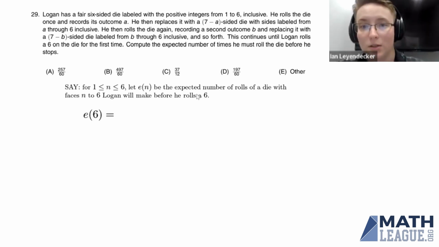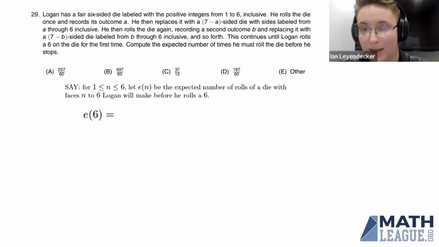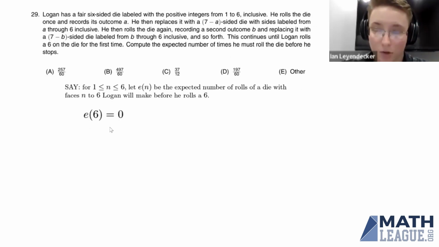And the only way he can get to a one-sided die labeled with 6 is if he's already rolled a 6, specifically on the roll right before this case. So the expected number of rolls that he's going to have to make, since he's already made the roll he needed to make, is 0. That's our starting case.